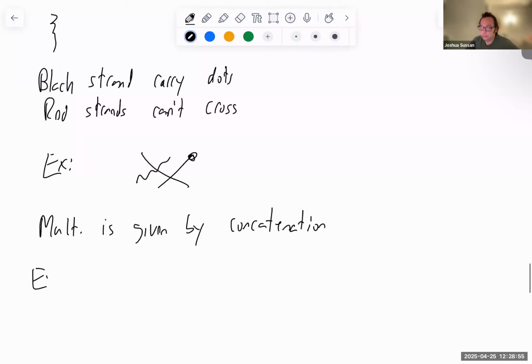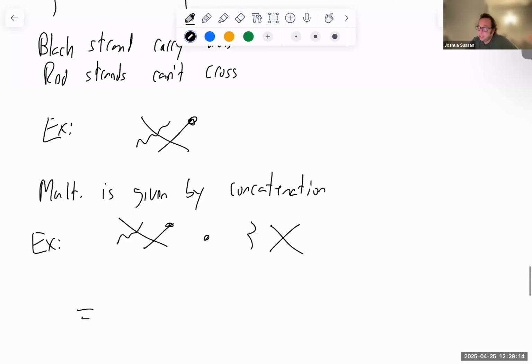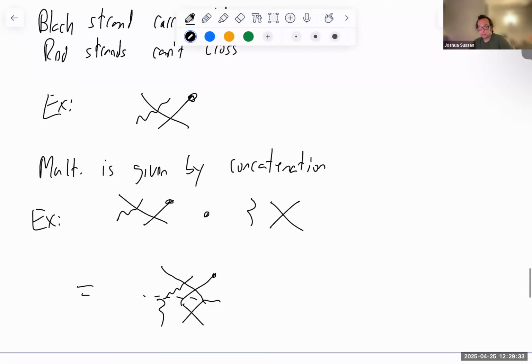So for example, maybe I'll have that picture here, and then I multiply it by, to make it a little more interesting, this. What I do is I stack the left picture on top of the right picture and I concatenate. So I'll put the right picture on the bottom. I'll put this kind of thing here just to know that I'm now gluing something on the top. What am I gluing on the top? I'm gluing this, this, this with the dot here. Okay, so there's a very natural multiplication where you just stack pictures.